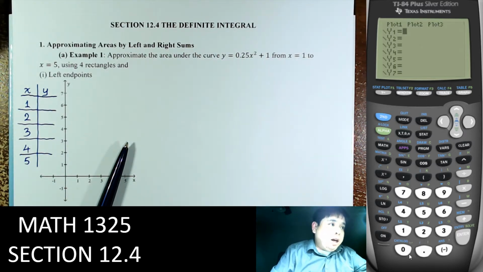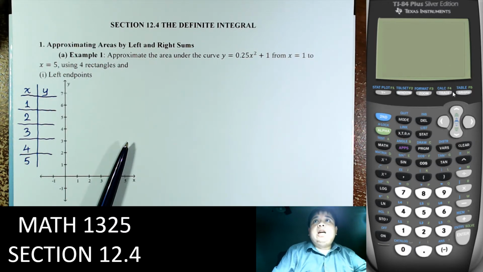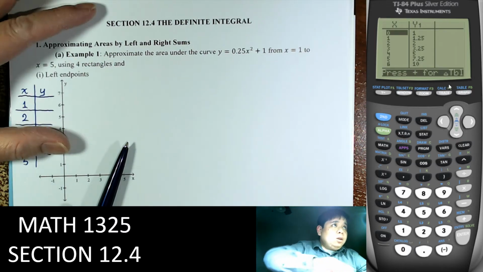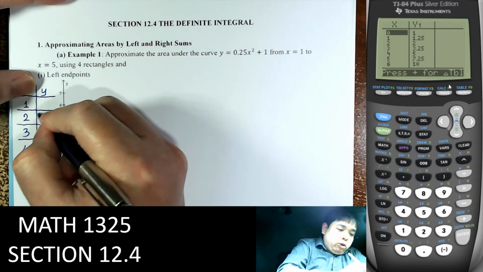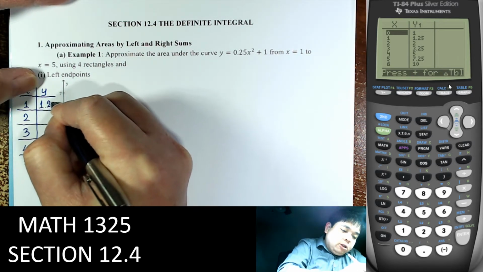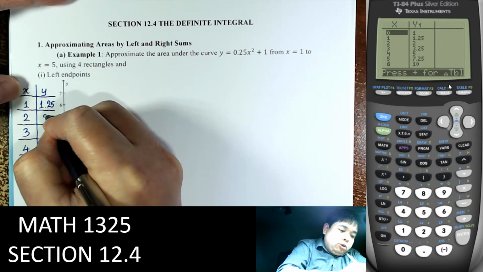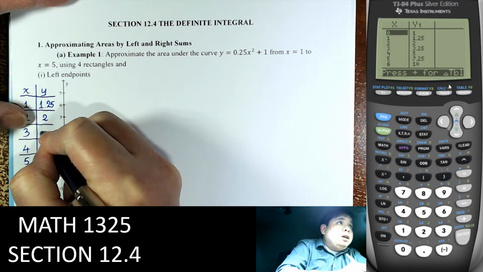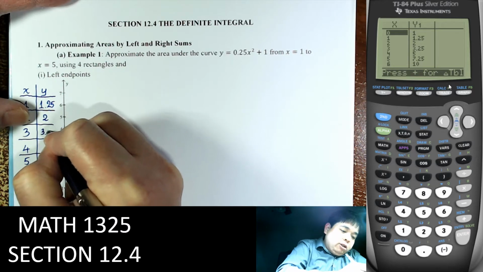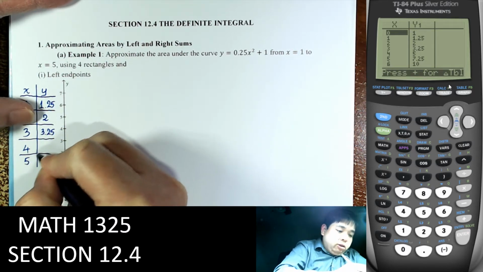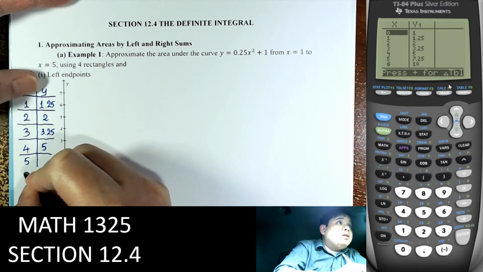I will use the calculator for that, and go to the table, second graph. When x equal to 1, we have 1.25, for 2 that will be 2, for 3, 3.25, for 4, 5, and for 5, 7.25.